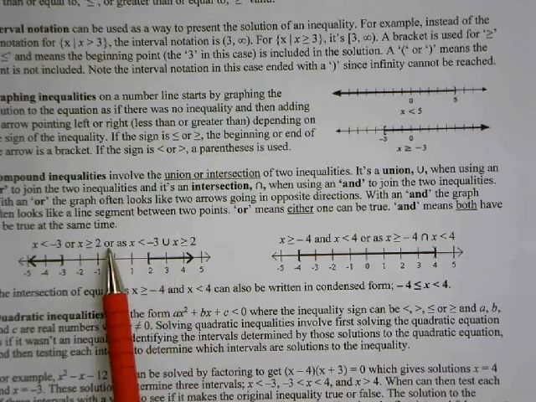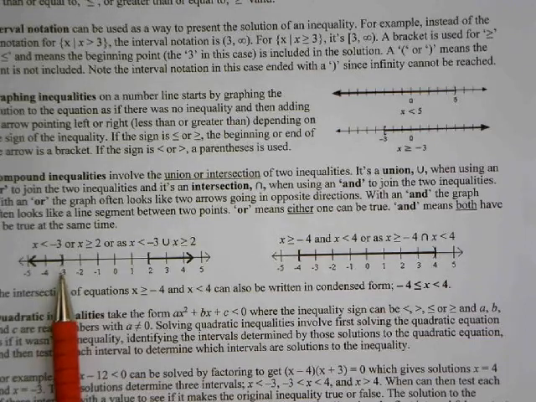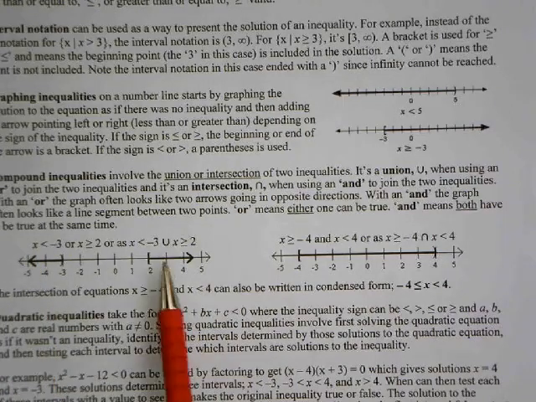Because of that or, we're going to do the union of these two, with the little union symbol there. And so you can see the parenthesis and arrow to the left for less than negative 3, and here a bracket and then an arrow to the right for greater than or equal to 2.